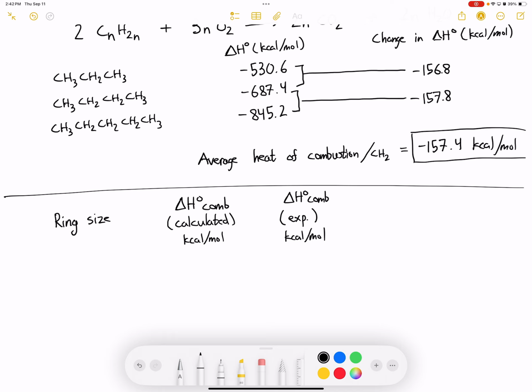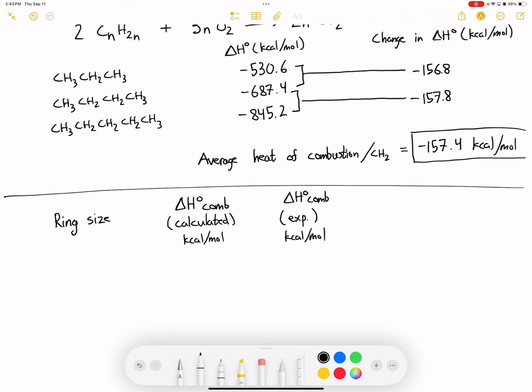So we'll see here that our calculated value and what we found in the experiment may be the same or may not be the same. If the only factor here is CH2 group inclusion and no other factor, no strain, no balancing force, or no net benefit, then they should match.